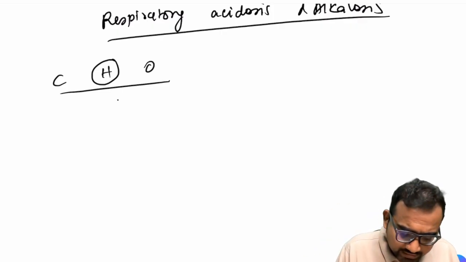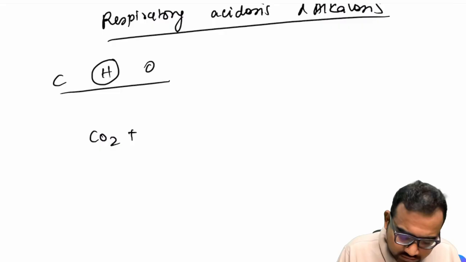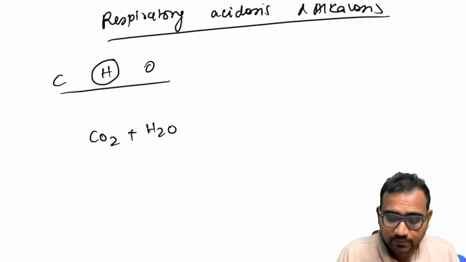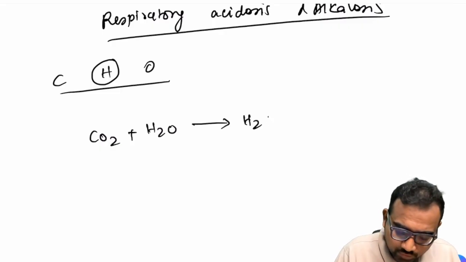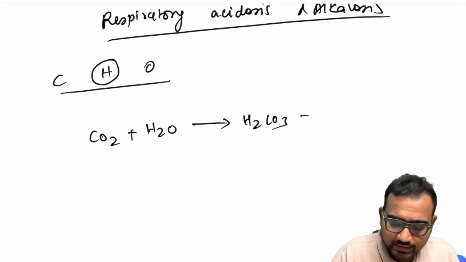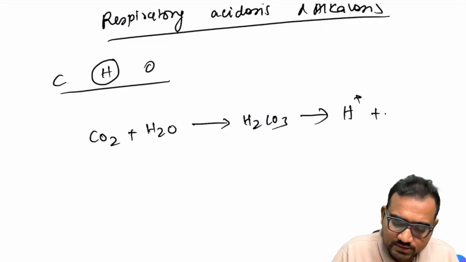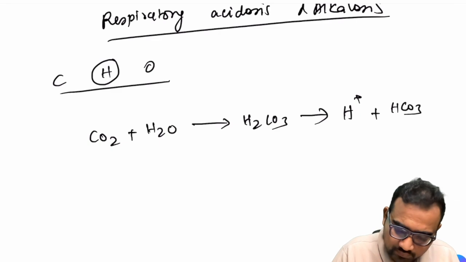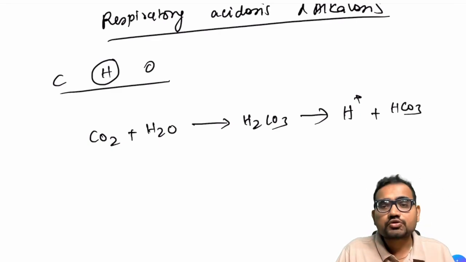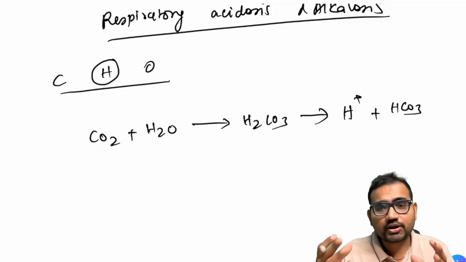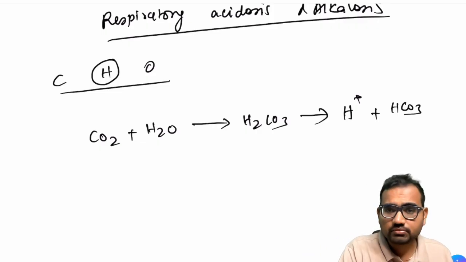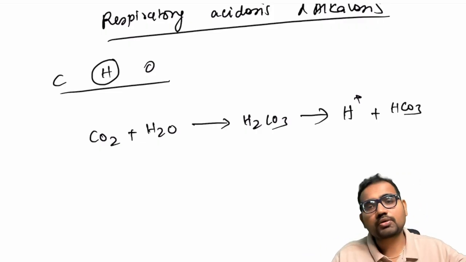Okay, so in the bloodstream, the carbon dioxide combines with water to form carbonic acid, and then the acid splits into hydrogen ions plus bicarbonate. Okay, so in the lungs, the situation has to reverse, that is the bicarbonate and the hydrogen have to reverse the reaction to form carbon dioxide.